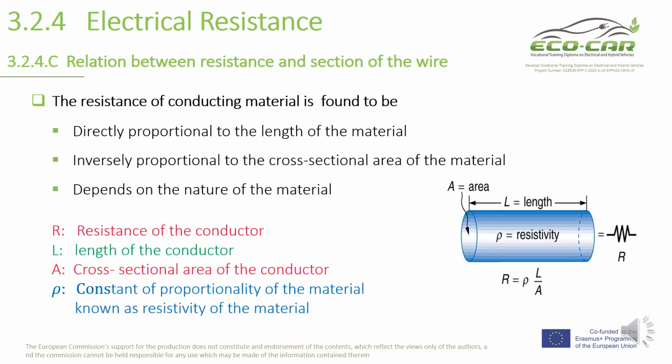So R is the resistance of the conductor, L is the length of the conductor, A is the cross-sectional area of the conductor, and rho is the resistivity, the constant of proportionality of the material, known as the resistivity of the material. This one differs from one material to another.